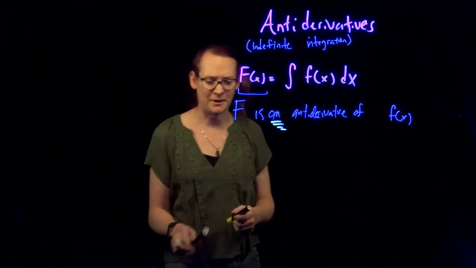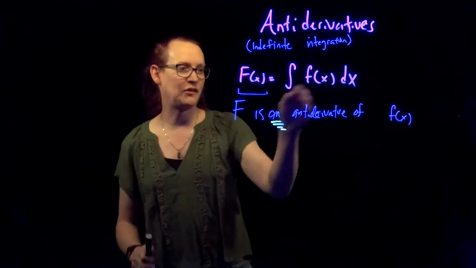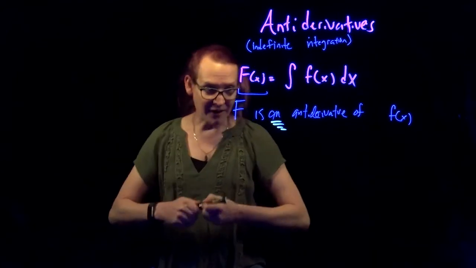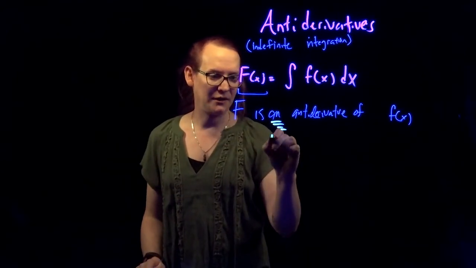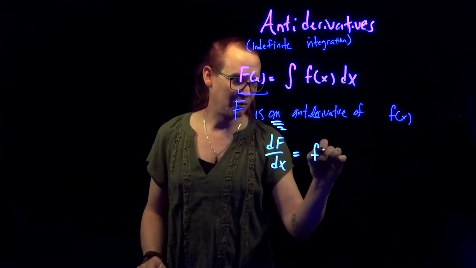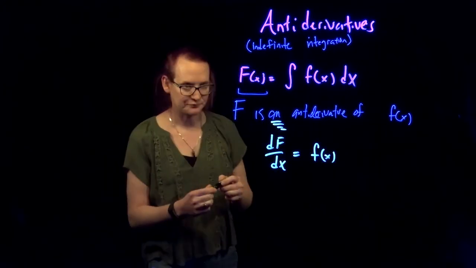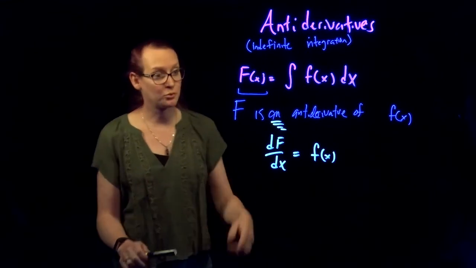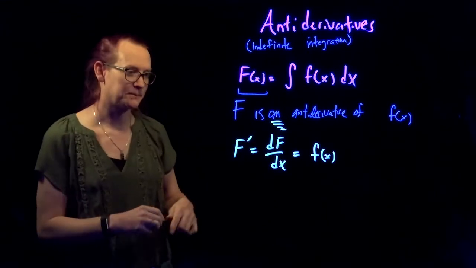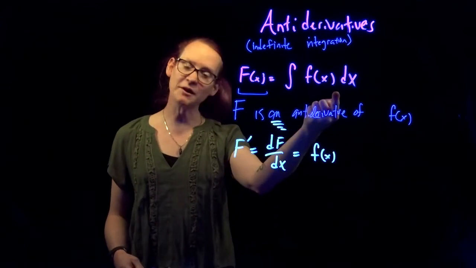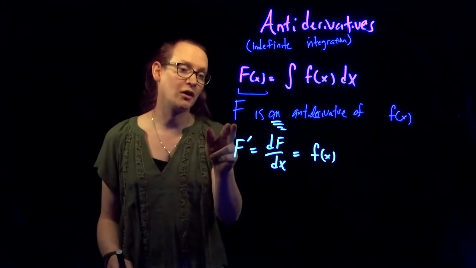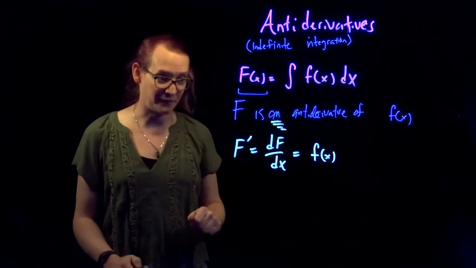But what I really mean, I get to write this down and call it an antiderivative if d capital F dx is equal to f of x. So when I take the derivative of capital F, do I get my integrand back? And if so, then I get to call capital F an antiderivative.